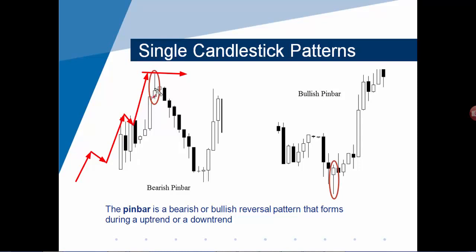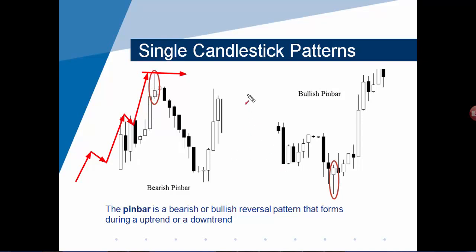So when we're looking at a pin bar, basically we want to see the wick at least 2 to 3 times, at least 3 times the length of the body of the candle itself. And the longer the wick, the more significant that signal becomes. And this also, as I said before, represents a turning point in the market or a stall in price, at least temporarily. So once we see this, then we have an idea of what is going to happen next.